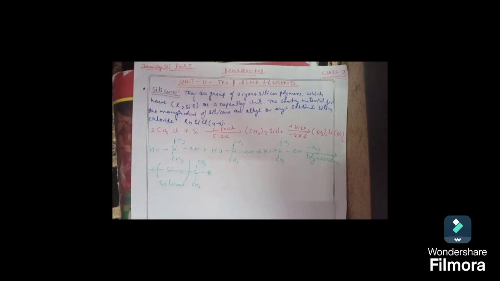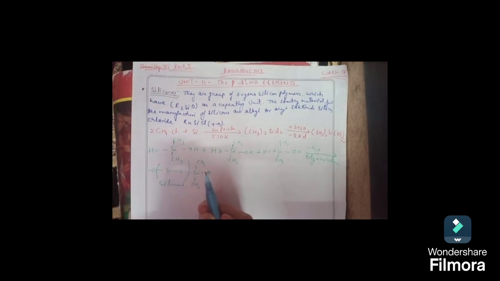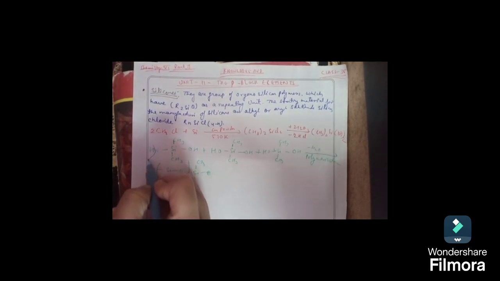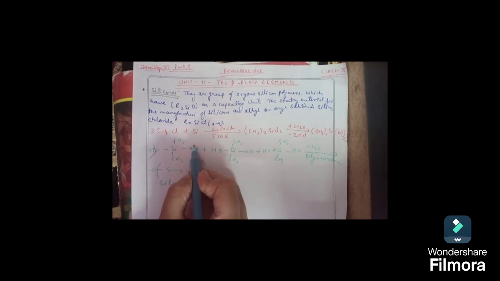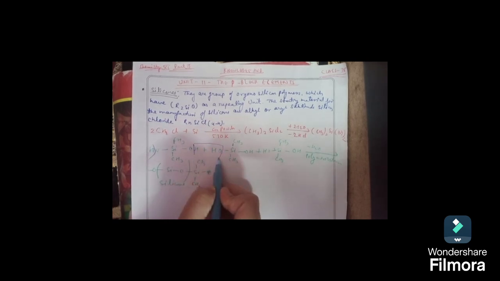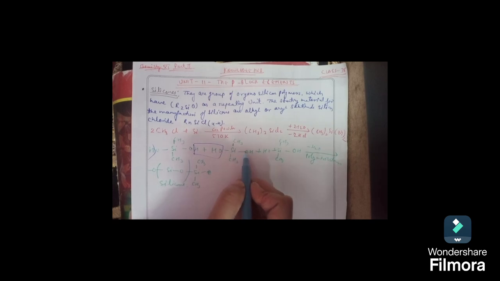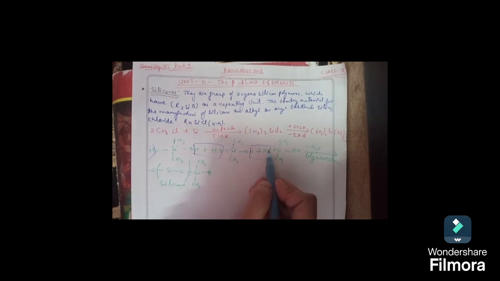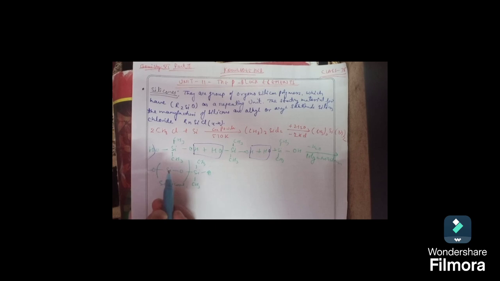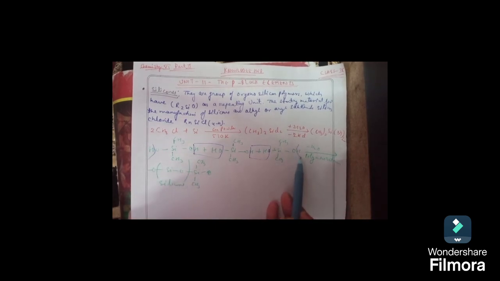Here, if you can see, this will make a pair and release OH, forming water, and another will also form water. This is also released by H here, so it will release H2O. That is the reason H2O is not retained, and this is known as silicone.